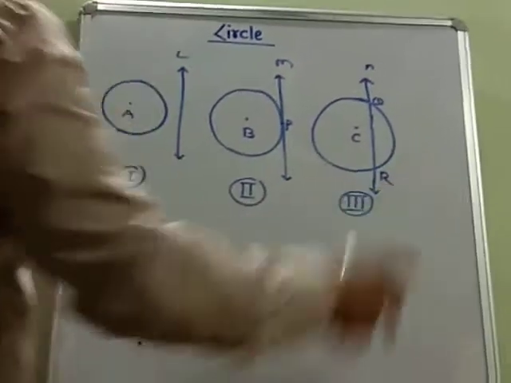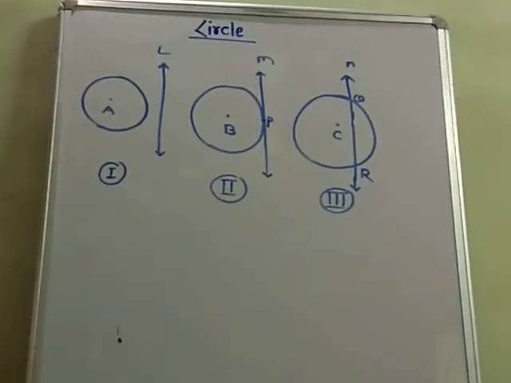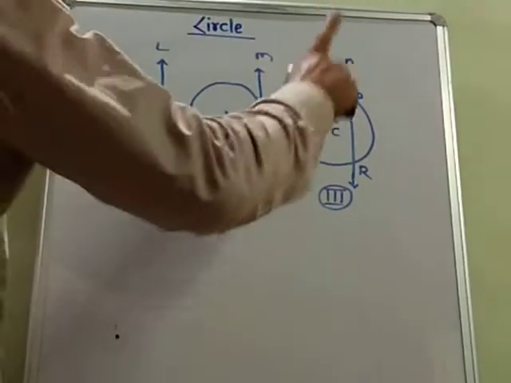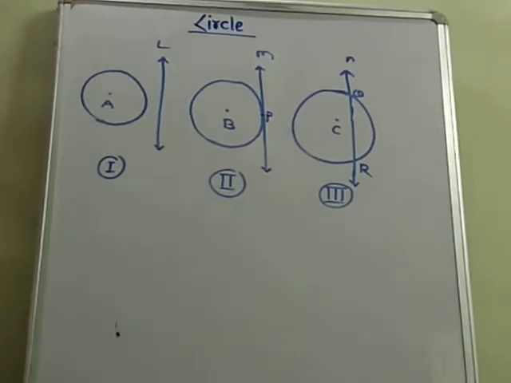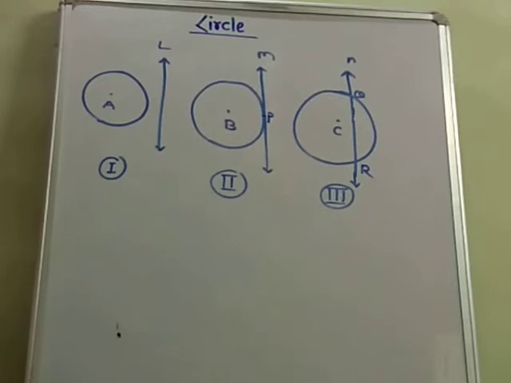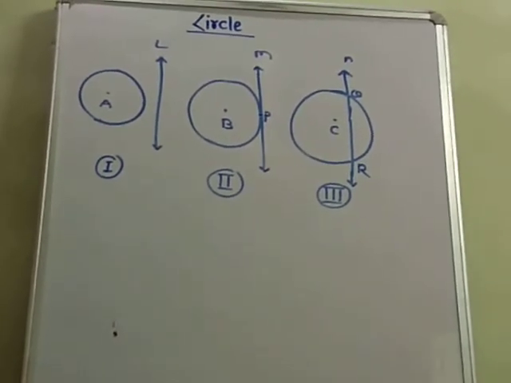In the third figure, Q and R are both common points that lie on the line and the circle. Therefore, Q and R are the intersecting points of line N and the circle, so it is called a secant of the circle.